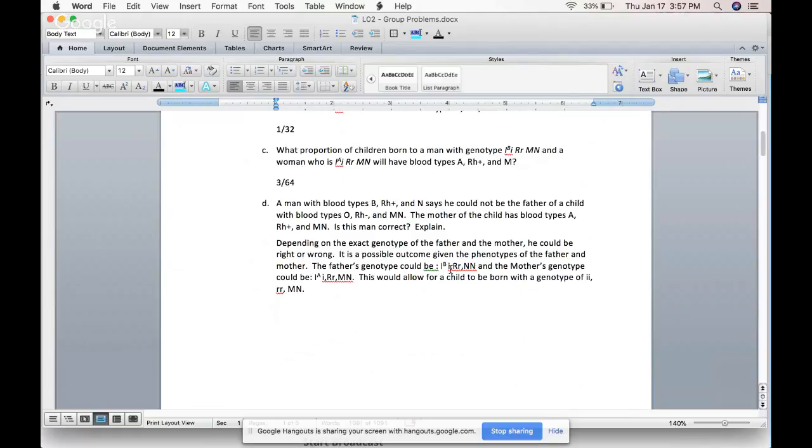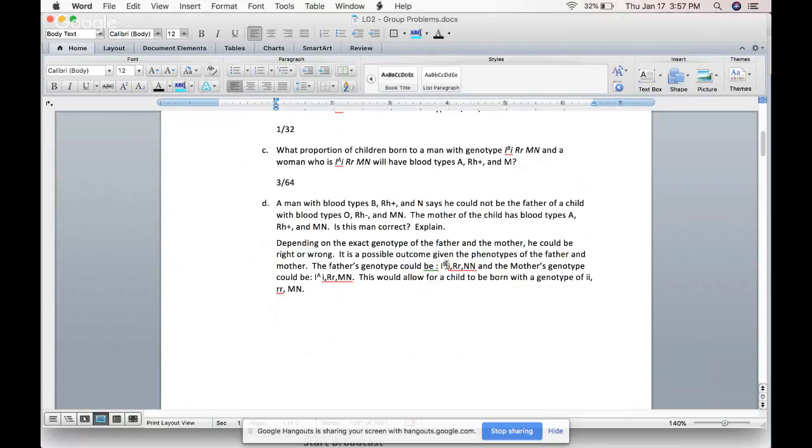Father's genotype could be IB i, Rr, and NN, and the mother's genotype could be IA i, capital R, little r, and MN. This would allow for a child to be born with a genotype of ii, rr, and MN, which would exhibit the phenotypes blood type O, Rh negative, and MN.